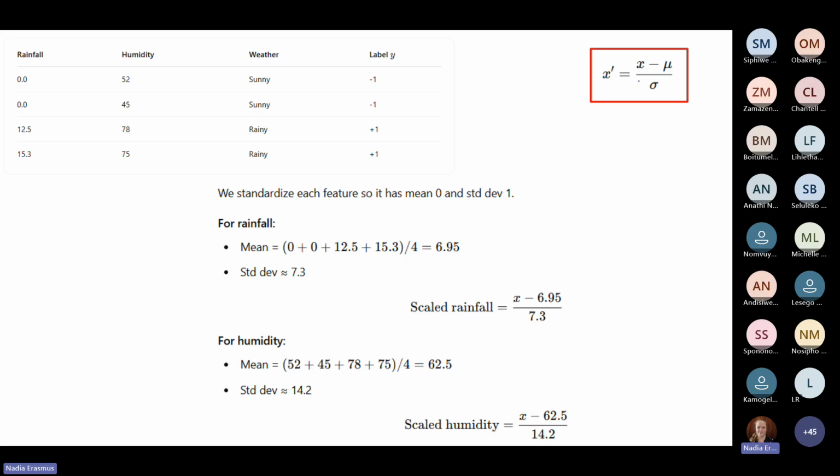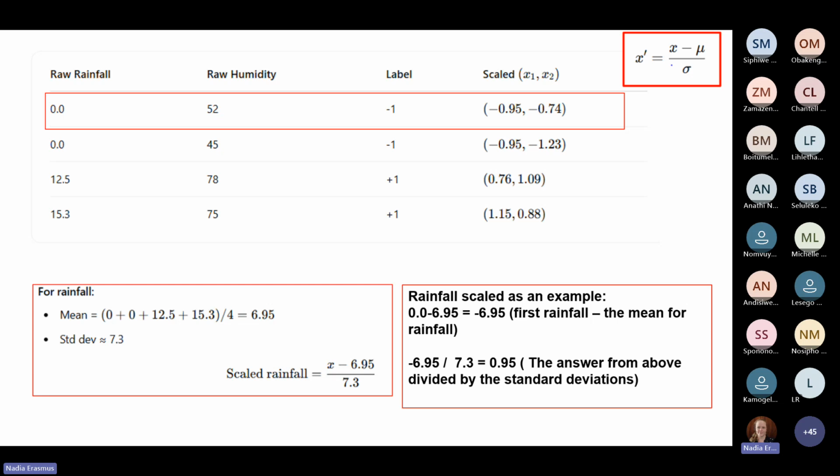We do the exact same for the humidity. So let's see what happens. We have rainfall and we have it scaled. In this case, we have x1 and x2. So we have scaled the rainfall and humidity. The rainfall of 0 becomes minus 0.95.